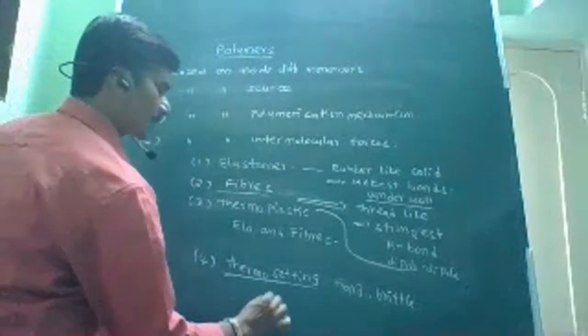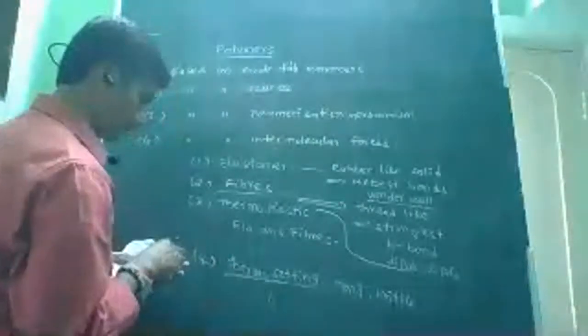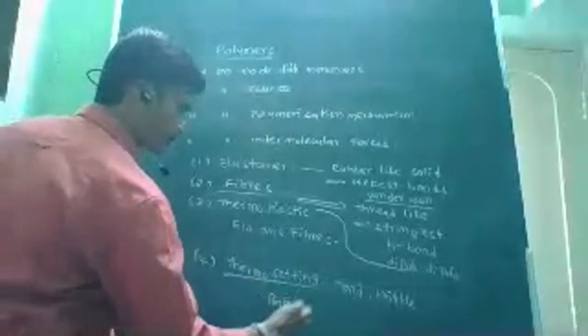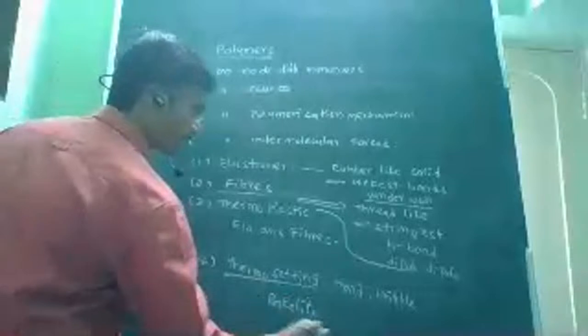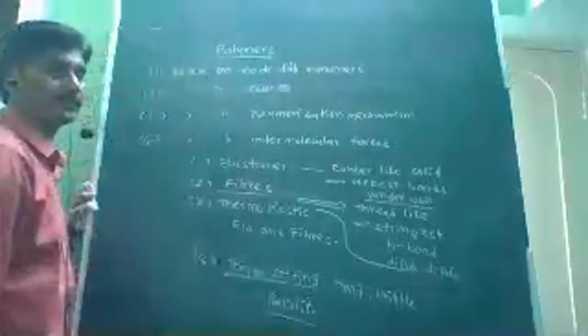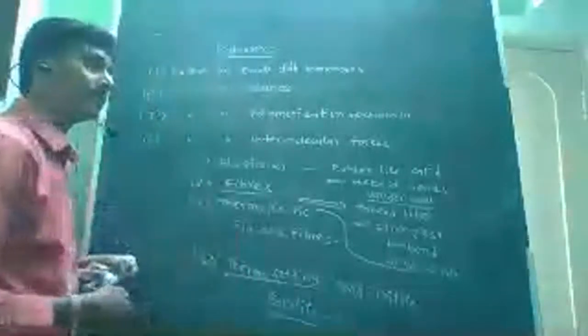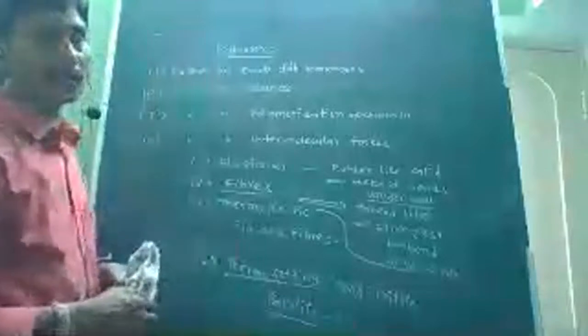Example for these is nothing but the bakelite. These bakelite, that is thermosetting polymers, mainly used in the electrical goods.